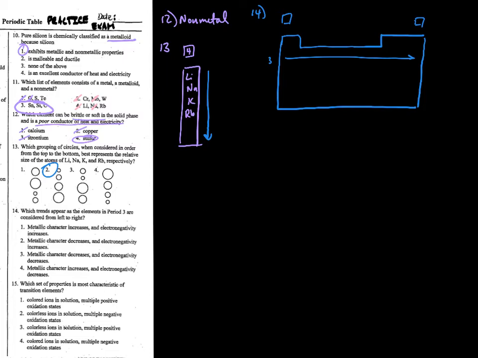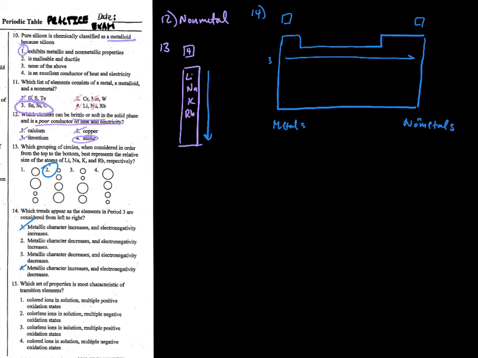If you remember, on the left side of the periodic table, we have our metals. So metals are all on here and nonmetals here. So going from left to right, we become more non-metallic. So we lose that metallic character. So it decreases going across. So cross off 1 and 4.